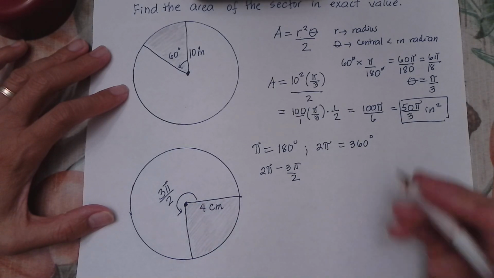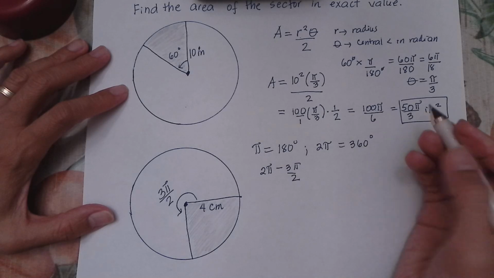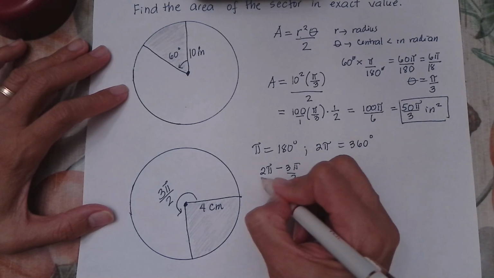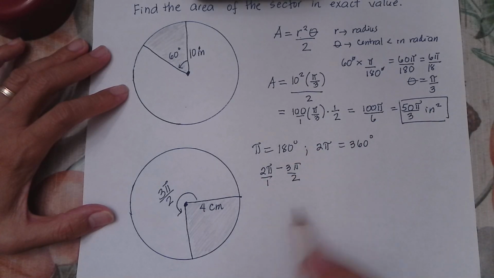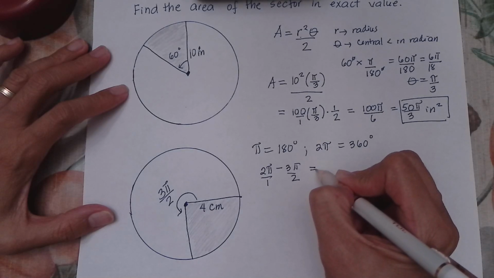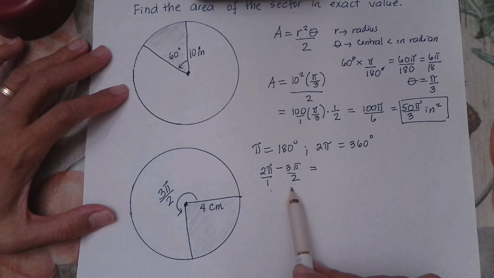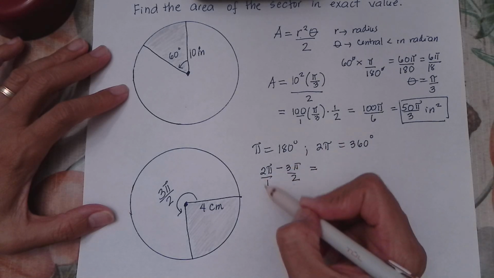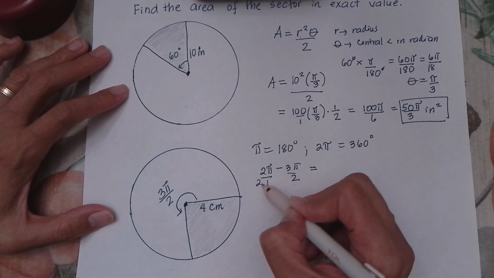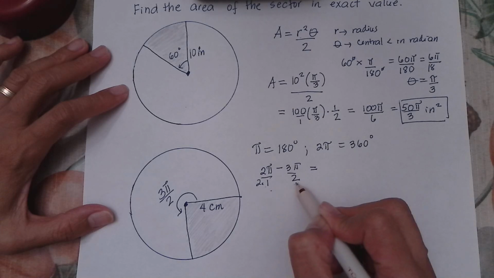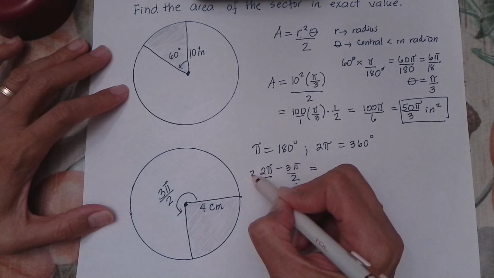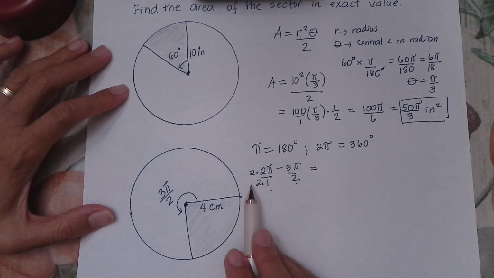Okay. So how do we subtract this? Always remember that in subtraction or addition of fractions, we have to make sure the denominators are the same. So we need to multiply this by 2 so that it is the same as the denominator here. But don't forget to multiply also the 2 pi by 2.